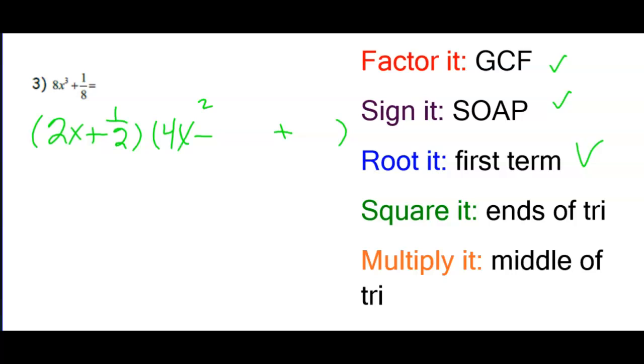What's the end? 1/4. So we're going to multiply them together. That's 2x times a half. What? 2x times a half? It's just an x. Can anything else be factored from that? It cannot. So let's box that in.